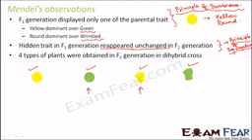Now these new combinations were obtained because each of these traits, whether it is the shape of the seed or the color of the seed, were independent of each other. So when gamete formation takes place, they also segregated independently, like how it used to be in the case of one trait. Suppose tall and dwarf. So tall and dwarf used to segregate for gamete formation, right?